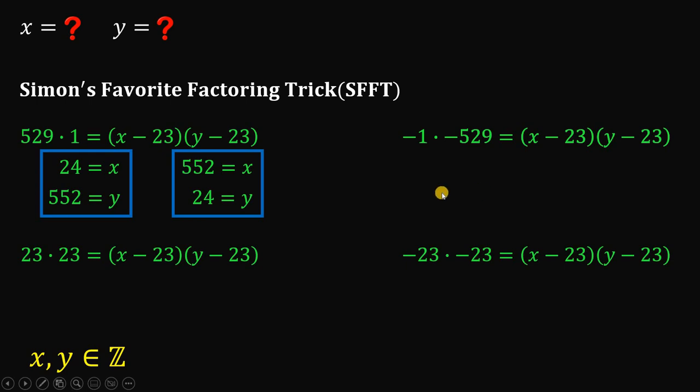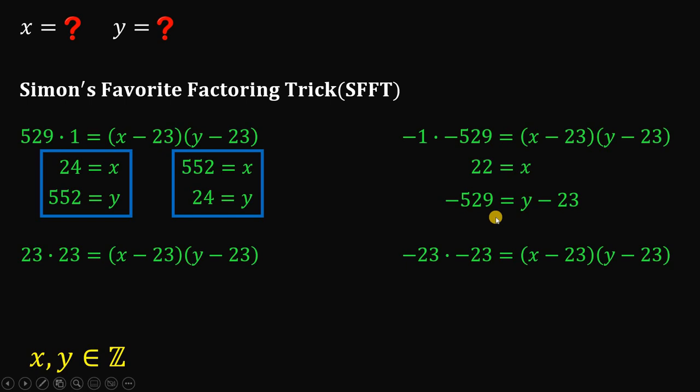Now, how about the second case? On the second case, we have x minus 23 times y minus 23 equals negative 1 times negative 529. It follows that negative 1 must be equal to x minus 23 and negative 529 equals y minus 23. Now, solving for the values of x and y here is, again, very easy. On the first equation, let's add 23 on both sides. This will give us x equal to 22.